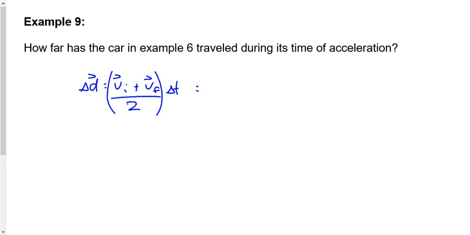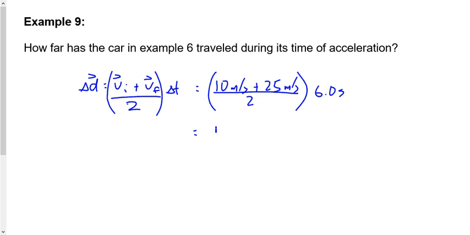VI was 10 meters per second in the last question. VF was 25 meters per second, over 2, times the time interval of 6 seconds. 25 plus 10 is 35, divided by 2 is 17.5. 17.5 times 6 is 105 meters, but we're actually going to round that to 2 digits. We have to put it in scientific notation to do that. We get 1.1 times 10 to the 2 meters.